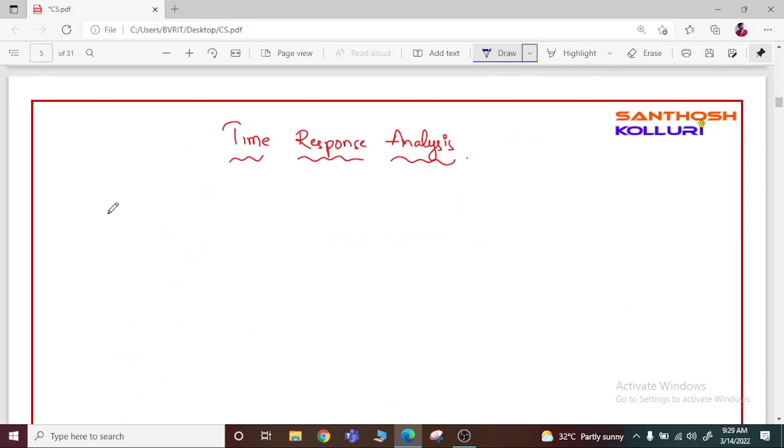Now coming to the time response analysis, the time response of the system is the output of the closed loop system as a function of time. It is denoted by c of t, and the time response can be obtained by solving the differential equations which are governing the system. So already we know that the closed loop transfer function can be written as Laplace transform of output by Laplace transform of input.